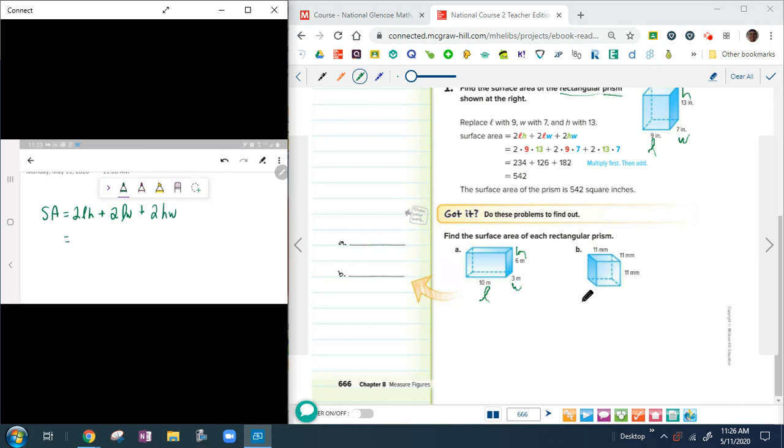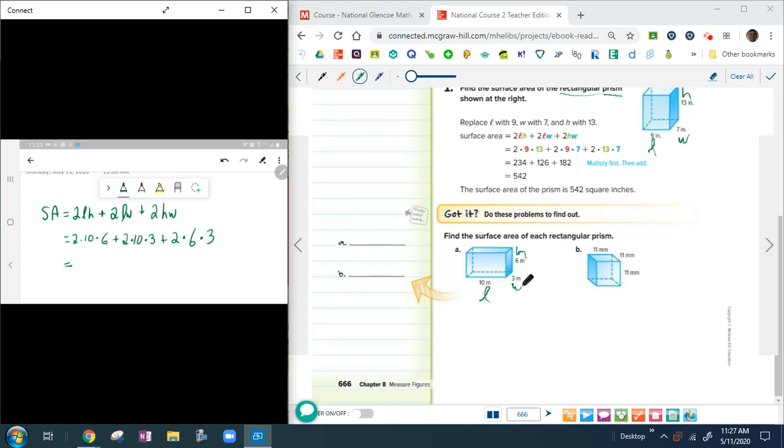My L over here is 10. So 2 times 10 times my height that I labeled, 6, plus 2 times L, 10, times W, which is 3, plus 2 times the H, 6, times the W, 3.